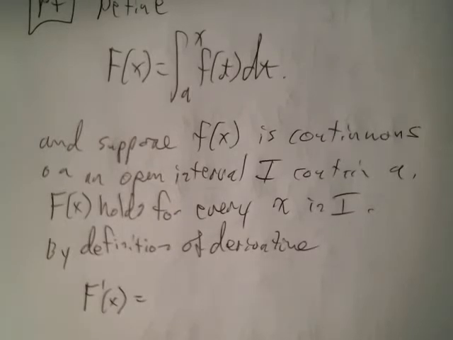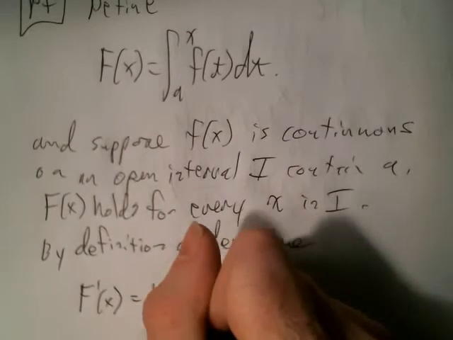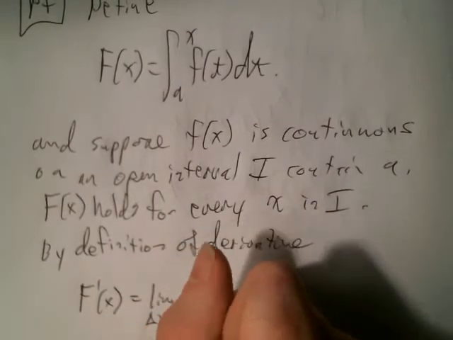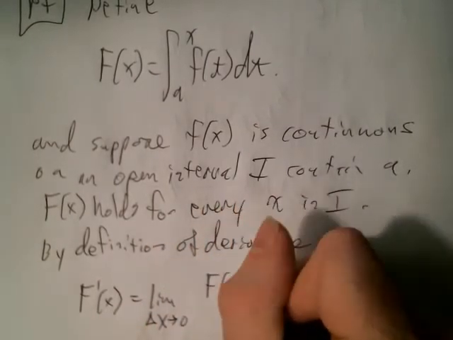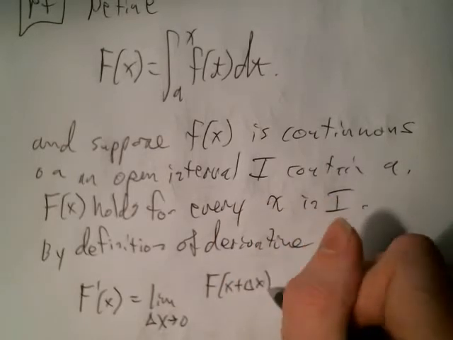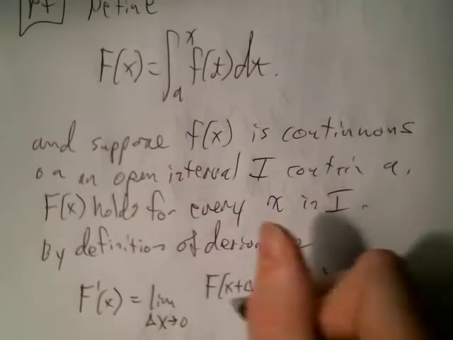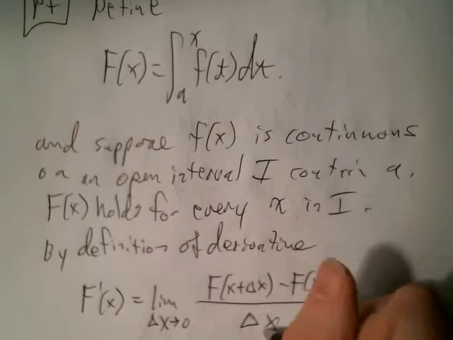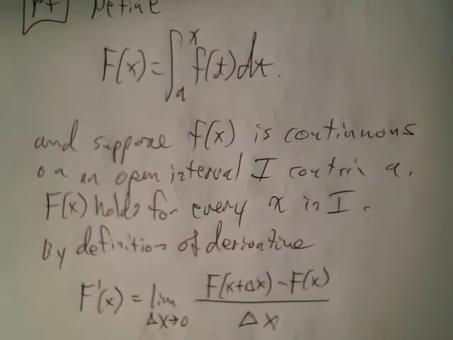We can write F prime of x equals the limit as change in x goes to 0 of big F of x plus change in x minus big F of x all over change in x. My only question in the back of my mind is whether or not big F of x is considered to be differentiable.